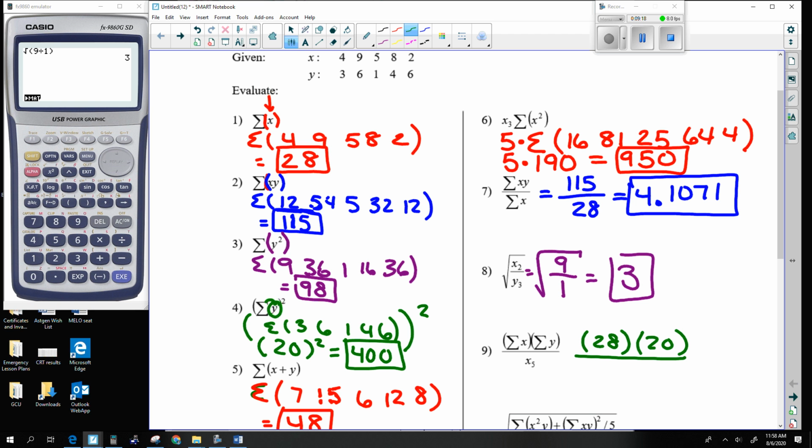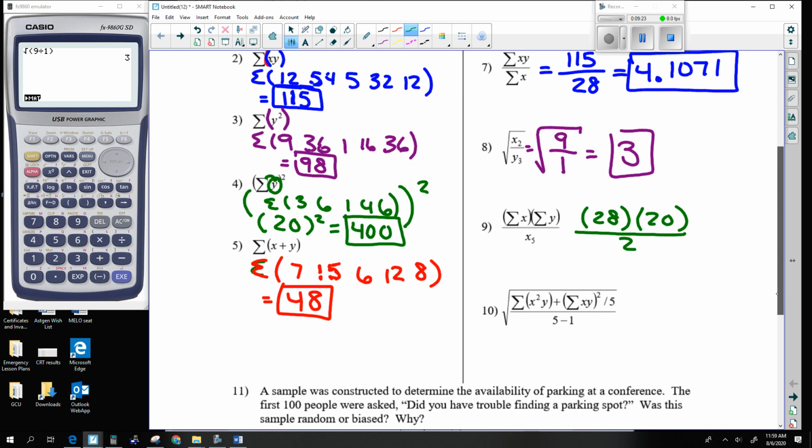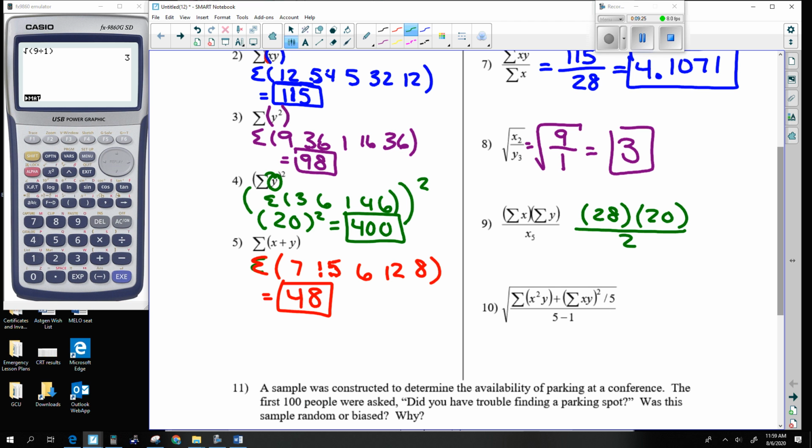That is the fifth number of x, and that is the number 2. So the numerator is 28 times 20. The denominator is 2. Thus, this actual answer is the top divided by the bottom of 280.